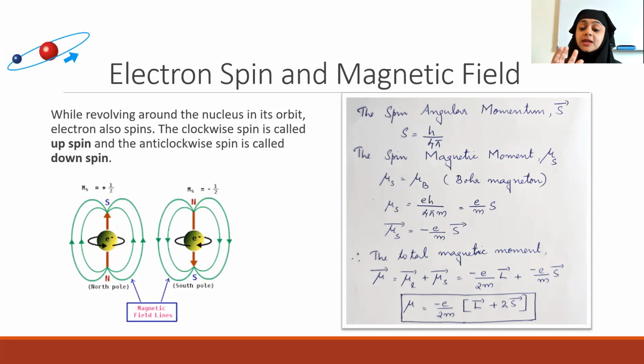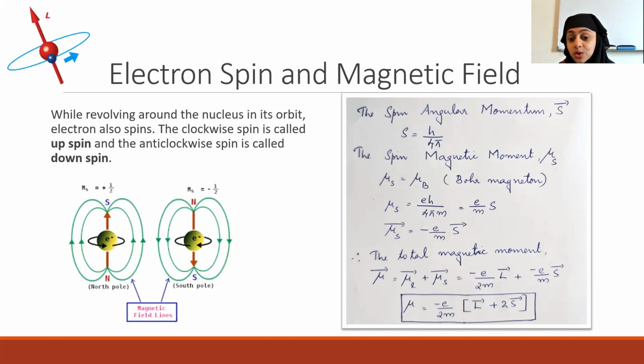Now we are saying that the electron is also spinning about its axis. That is another kind of motion of the charged particle. So due to that spin motion also, there is a magnetic moment. So now we are going to derive an expression for the magnetic moment due to the spin motion.